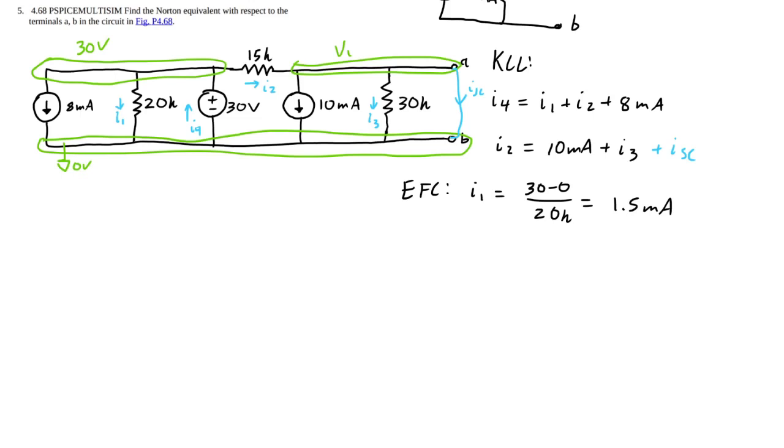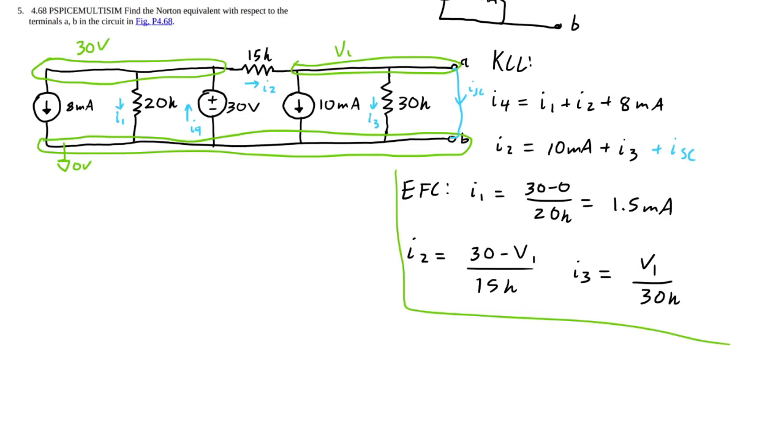So once again, I2 is going to be 30 volts minus V1 over 15 kiloohms. And I3 is going to be V1 minus 0 over 30 kiloohms. Okay, so I believe that is all our equations. Now let's get to the solving.